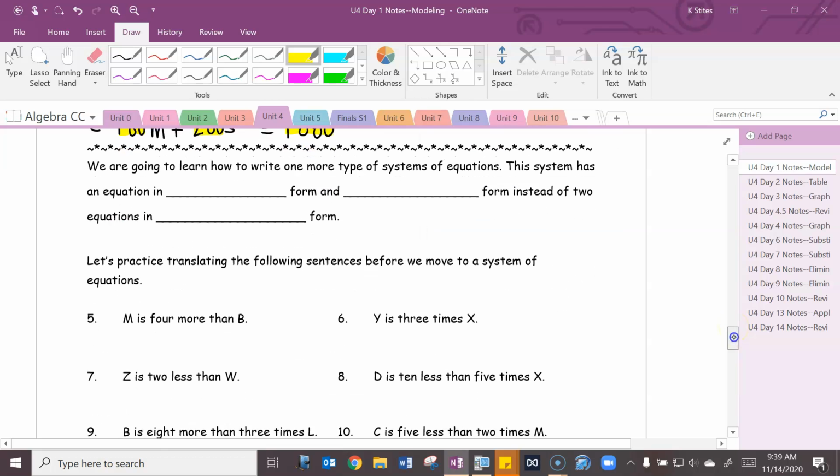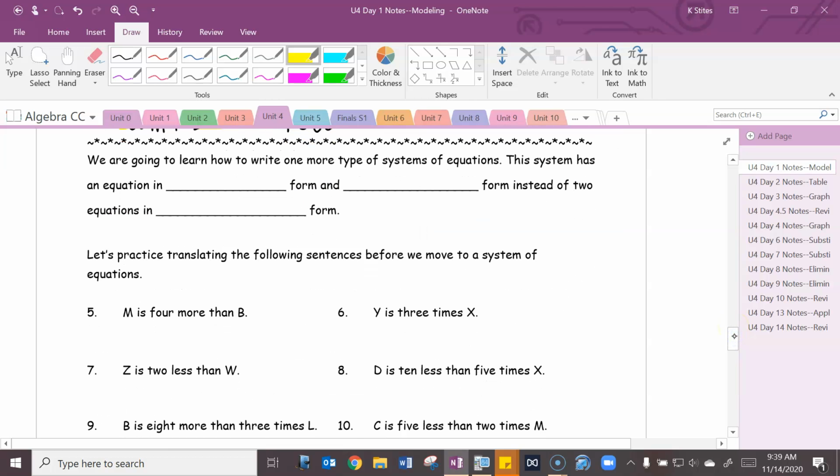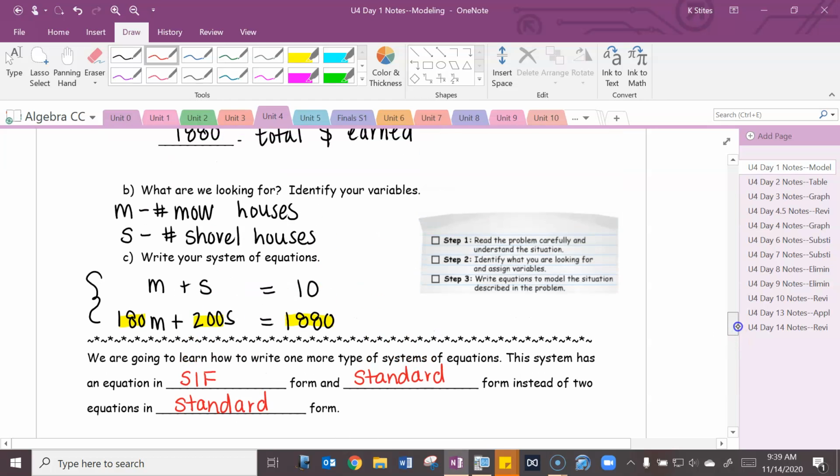All right, so now we're going to learn how to write one more type of equation. This system has an equation in slope-intercept form and standard form instead of two equations in standard form. All of our equations so far have been in standard form.